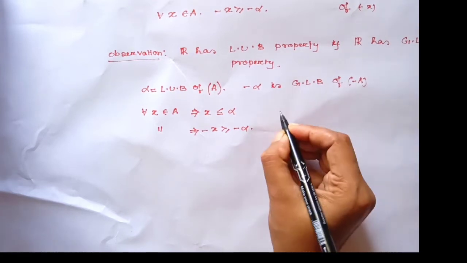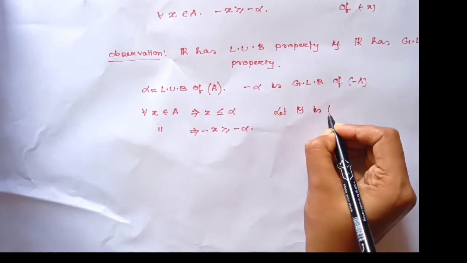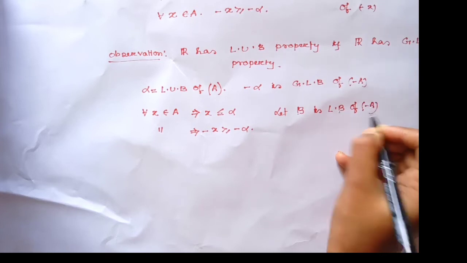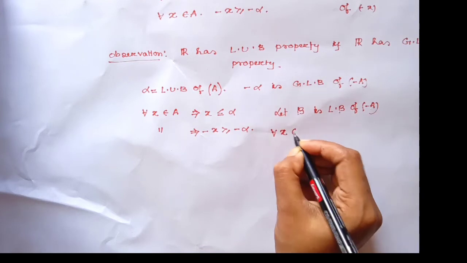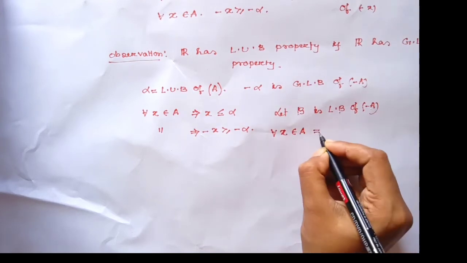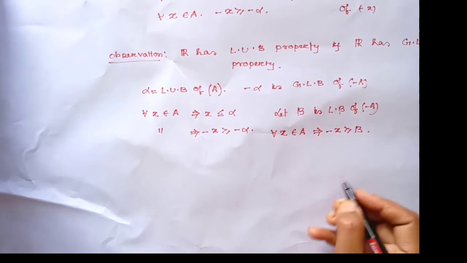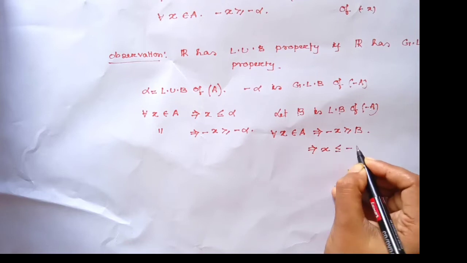Let beta be a lower bound of minus A. Then for all x belongs to A, minus x is greater than or equal to beta. That implies x is less than or equal to minus beta.